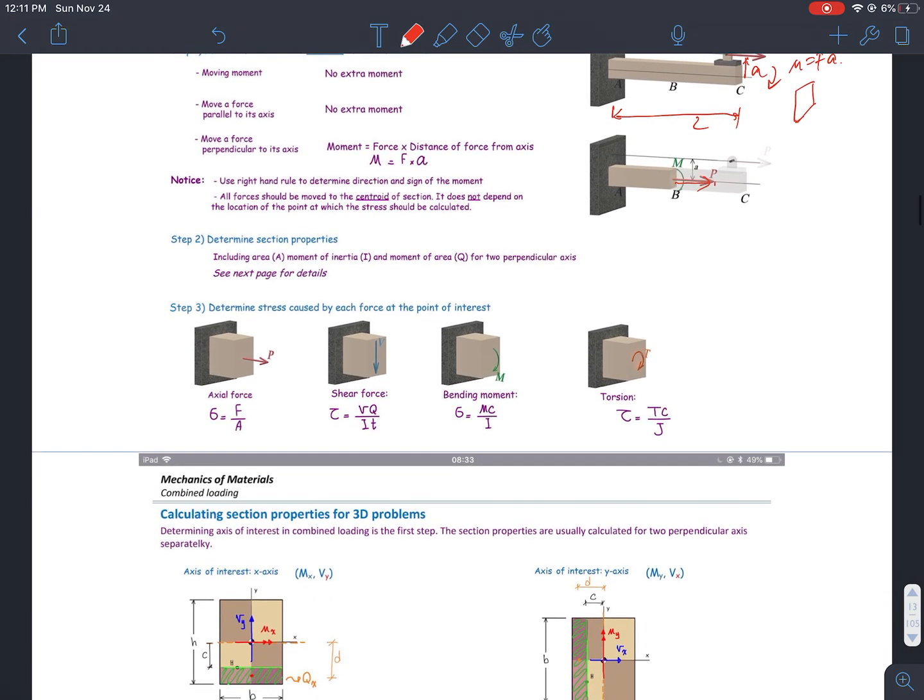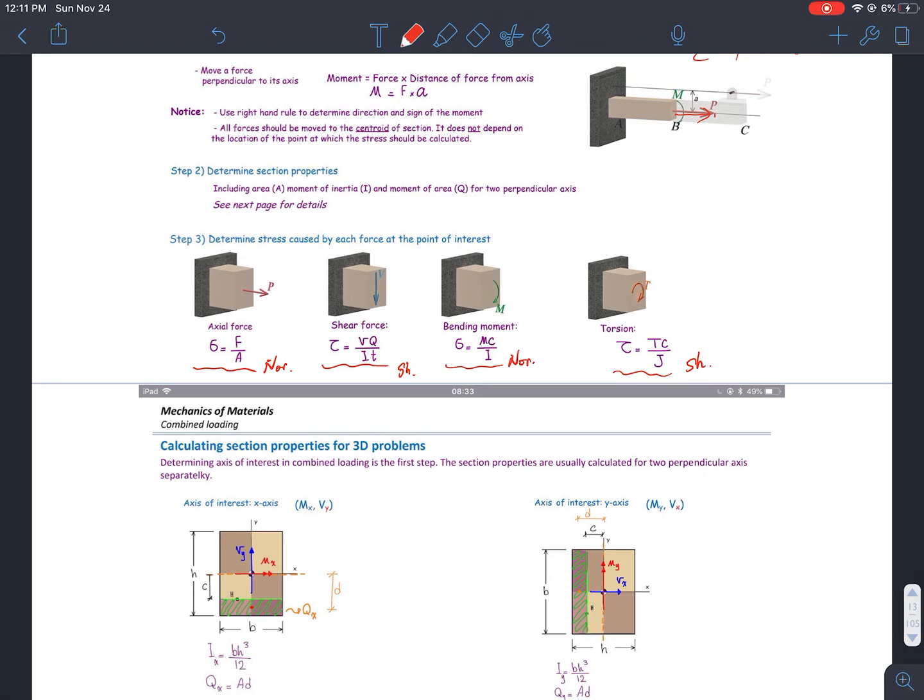So if you look at the step 3 here, I can have axial force generating axial stresses. I can have shear force generating shear stress. I have a bending moment generating normal stresses. This is normal, this is normal, this is shear, so normal, shear, normal. I have a torsion generating shear stresses.